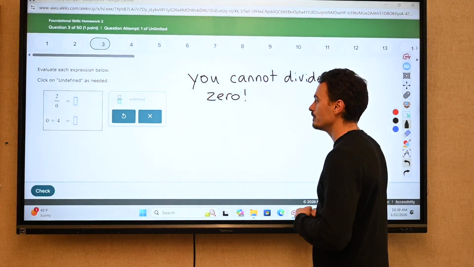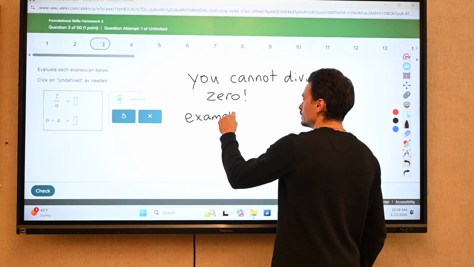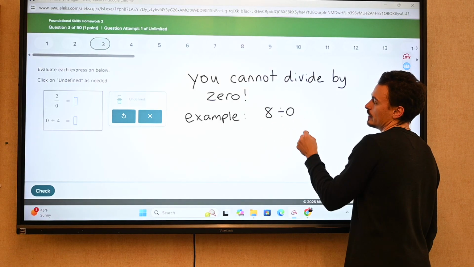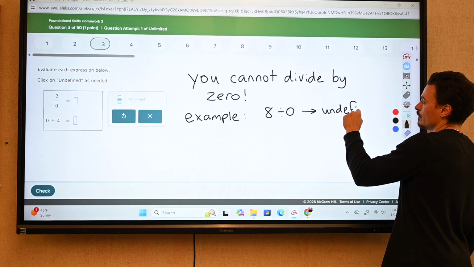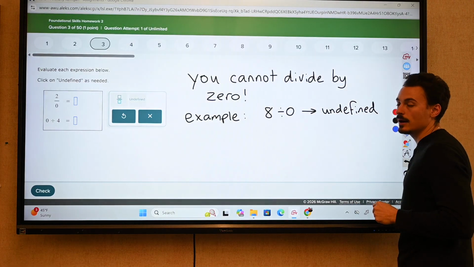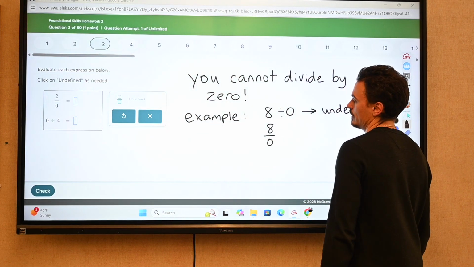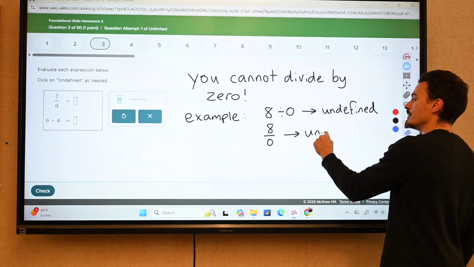So, for example, if I did 8 divided by 0, that would be undefined. I can write 8 divided by 0 as 8 over 0. That is also the same as 8 divided by 0. That would be undefined.